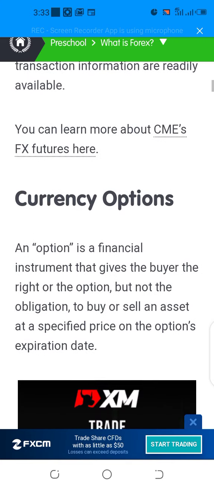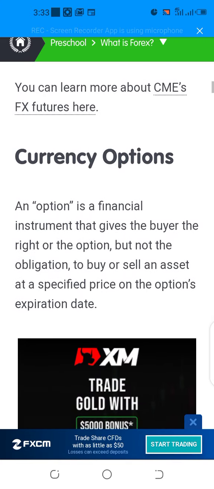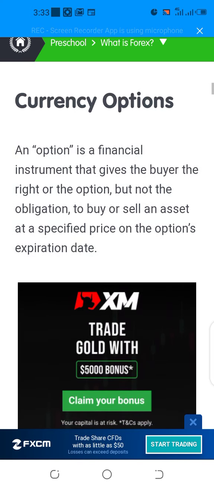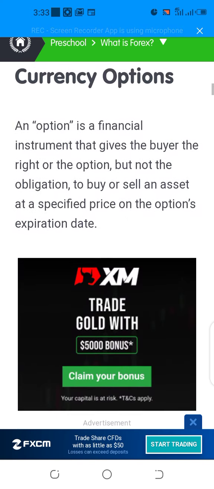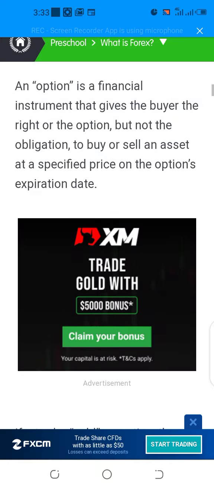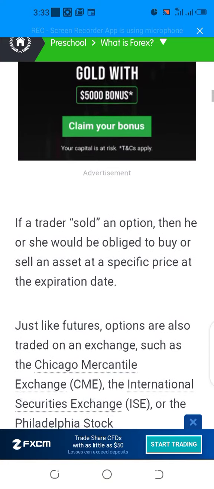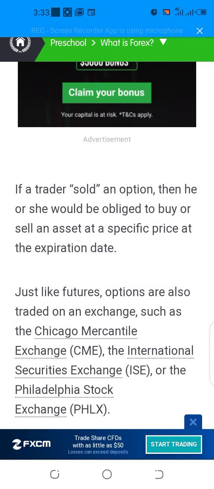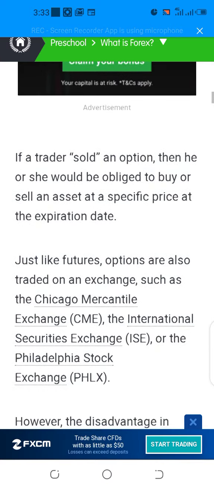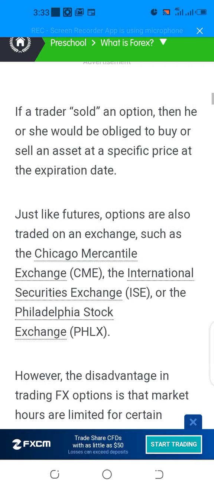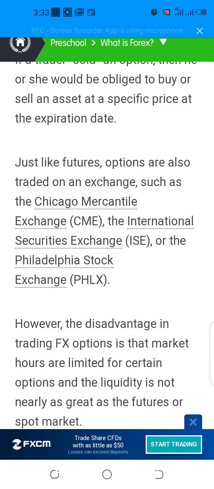So let us now look at types of order. We have the market order. This means entering the market at the current price. We have the limit or penny order. This means entering the market at a price other than the market price. We have the stop entry order.